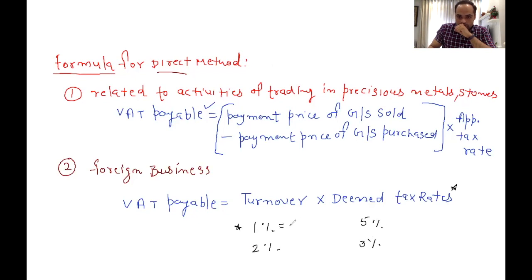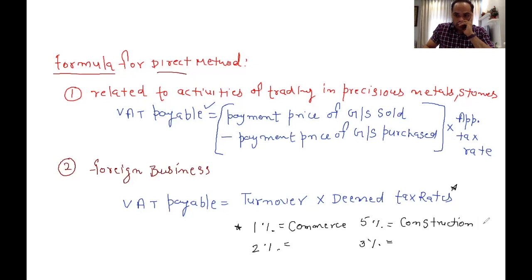The first, 1%, is for any kinds of businesses involved in commerce. The second, 5%, is for any kinds of business belonging to construction, so any kinds of construction work.